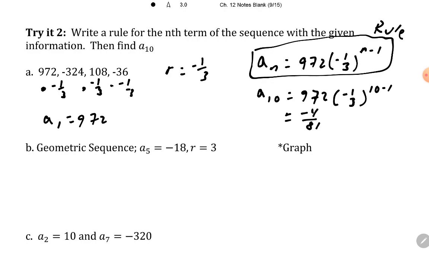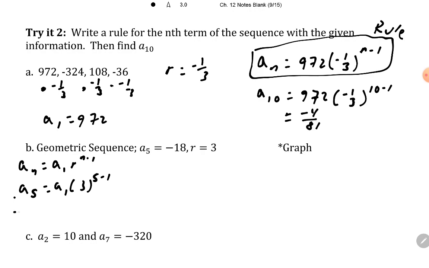Okay, they tell us that the 5th term is negative 18, and the common ratio is 3. So we have a sub n equals a1 times r to the n minus 1. So a sub 5 is a sub 1 times 3 to the 5 minus 1.